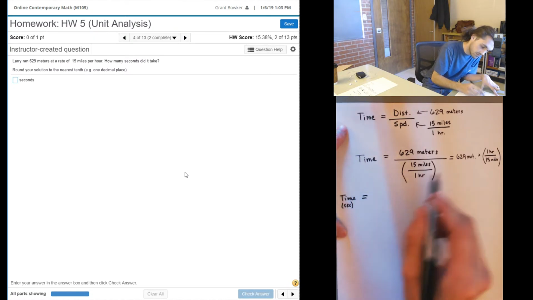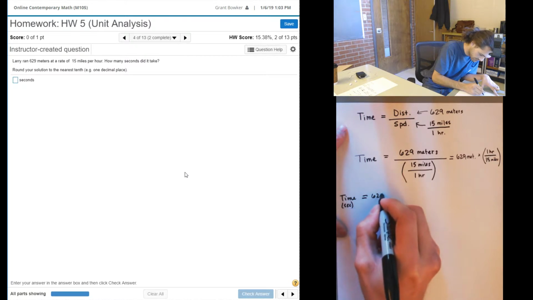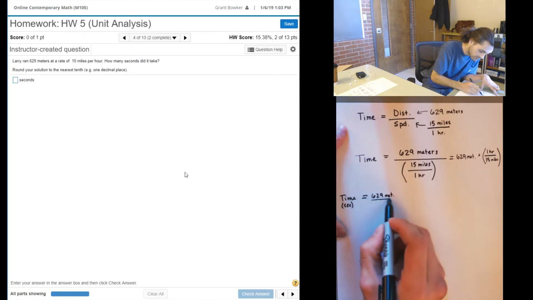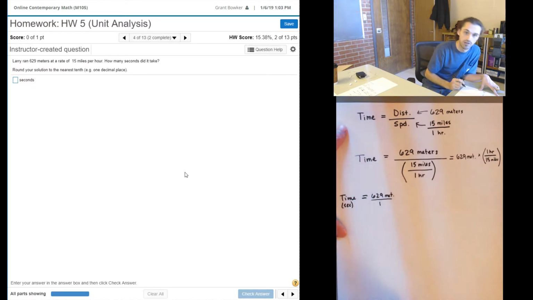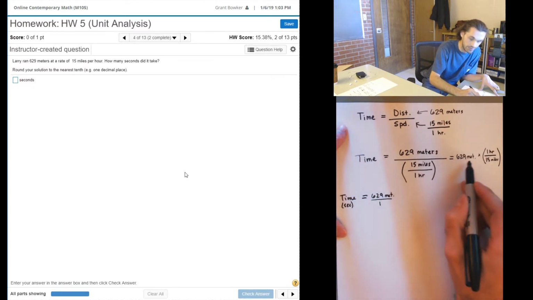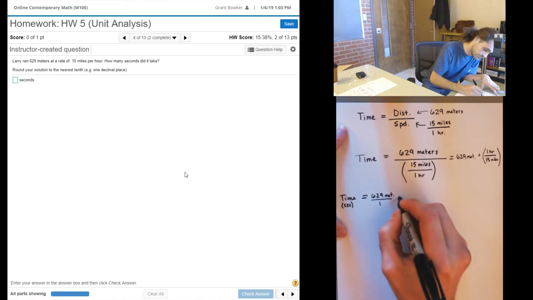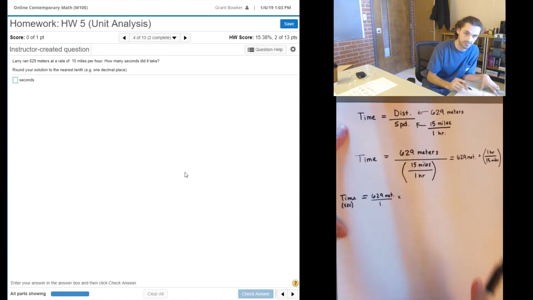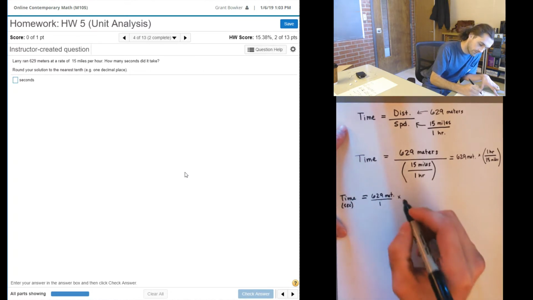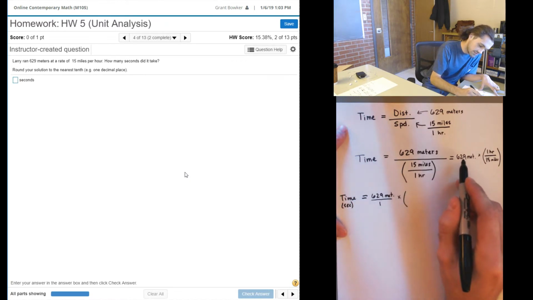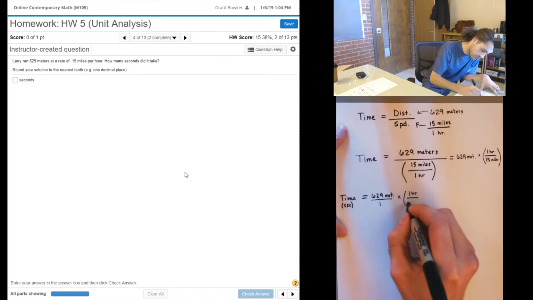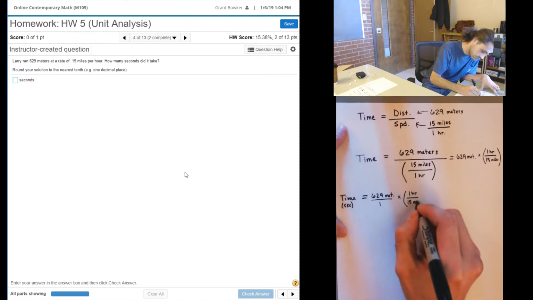So time equals 629 meters, and let's insert that denominator of 1 that's implicitly underneath this 629 meters, just so we have like pieces: fractions with fractions with fractions. Makes life a little nicer. 629 meters multiplied by 1 hour over 15 miles.